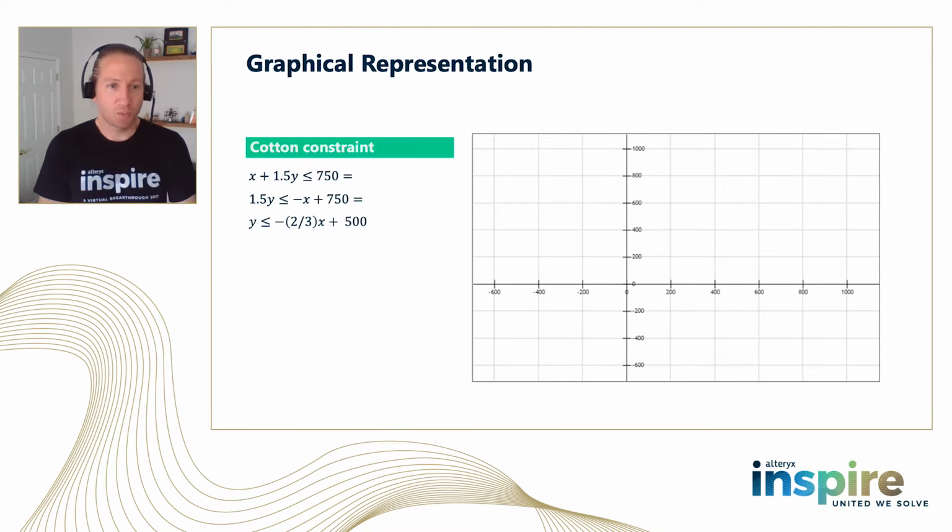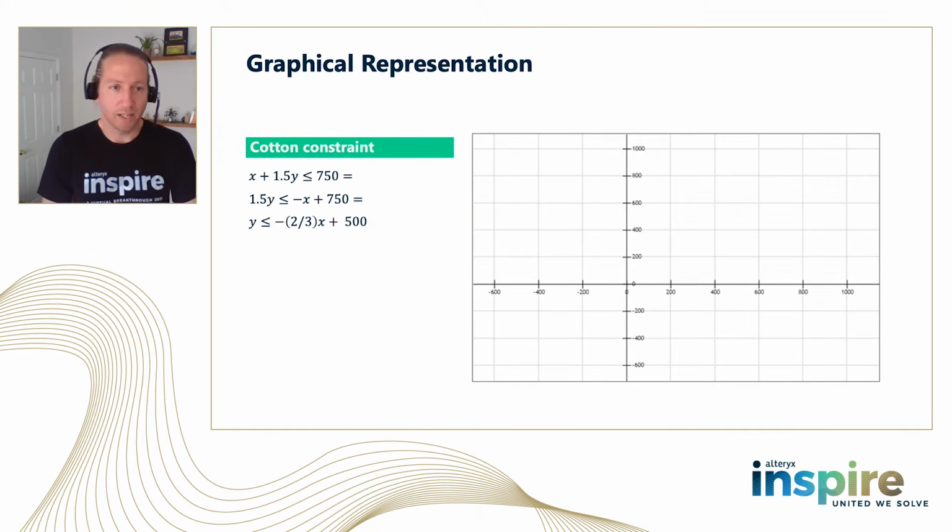All right, so I clicked the advanced button and you can see that all that math just happened for me. For those that are curious, what we first did from that top line to the second line is we moved x from the left-hand side of the operator to the right-hand side. So subtracting x on both sides then gives us that second line, 1.5y less than or equal to negative x plus 750.